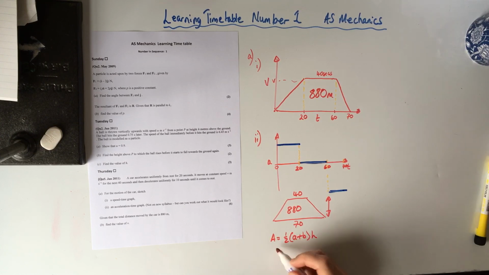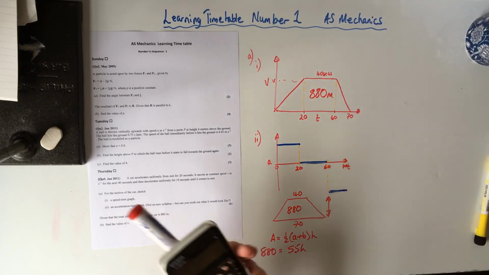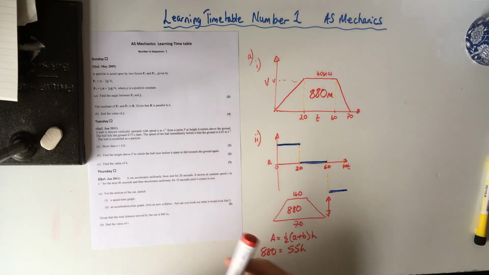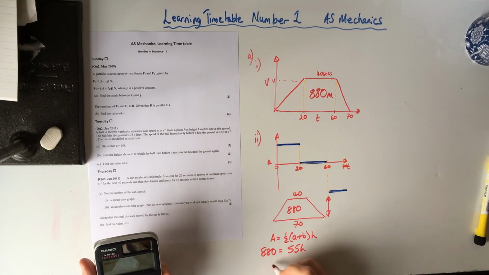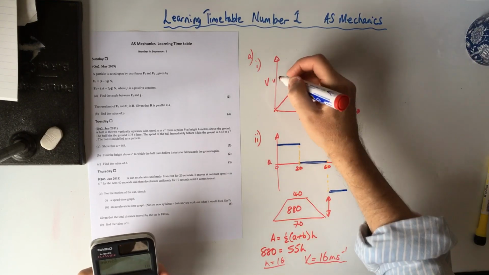Half of 110 is 55. So 880 is equal to 55h. Then divide 880 by 55, which tells us it's 16. So the velocity is 16 meters per second to the minus 1.